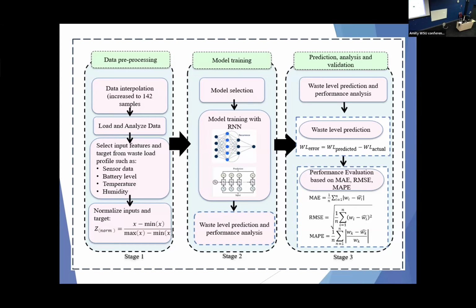We train the recurrent neural network using the LMA to learn temporal patterns in waste accumulation. Stage three, we do the predictions and validation. We compare the predicted waste levels with actual values, and performance is evaluated using MAE, RMSE, and MAPE. This structured approach makes the model accurate, reliable, and scalable for smart city applications.